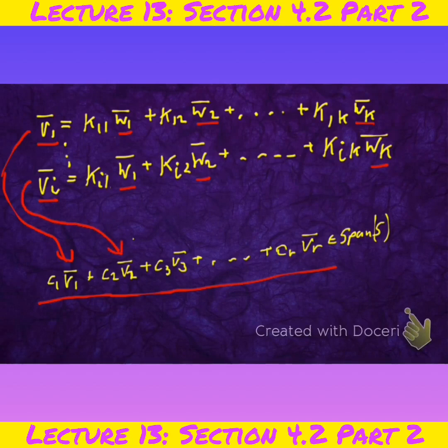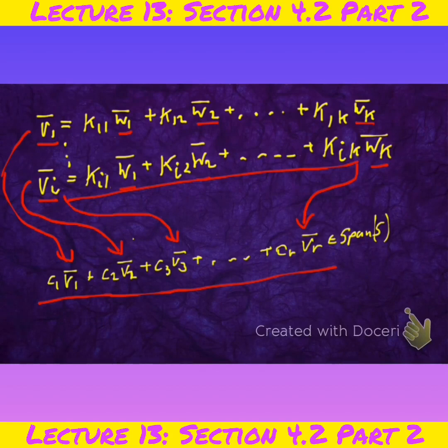Then we take V3 and plug it in there. And in general, we can do it for the last term: we take VR and plug that whole expression in there. And what happens if you gather all the like terms, all the W1 terms, all the W2 terms, and up until all the WK terms?